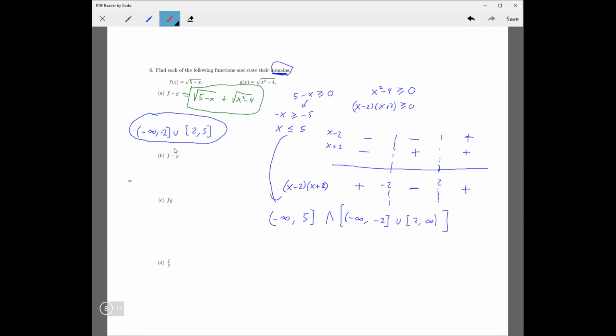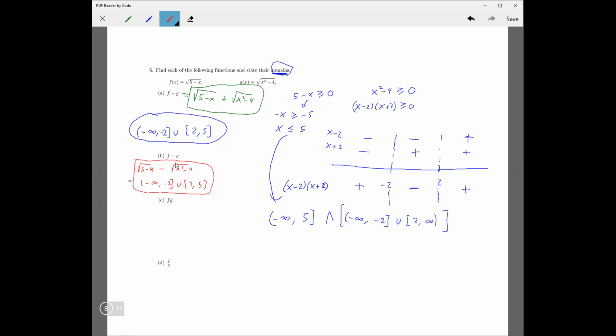Okay, for the second part, f minus g is just the square root of 5 minus x minus the square root of x squared minus 4, and the domain is still going to be the same thing. So that's just the same thing.